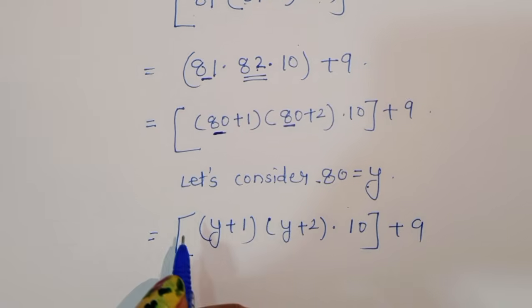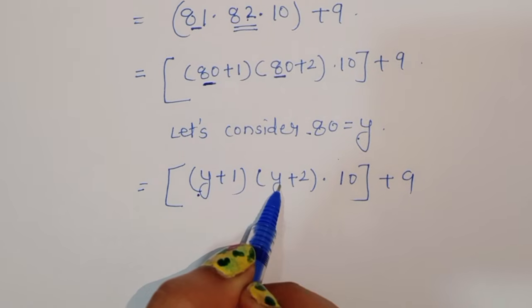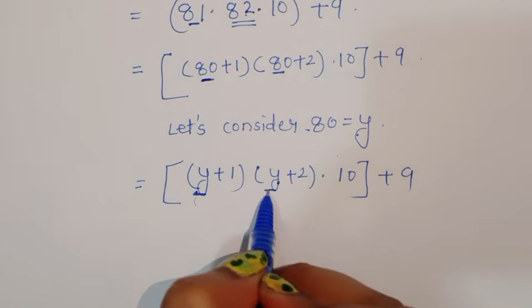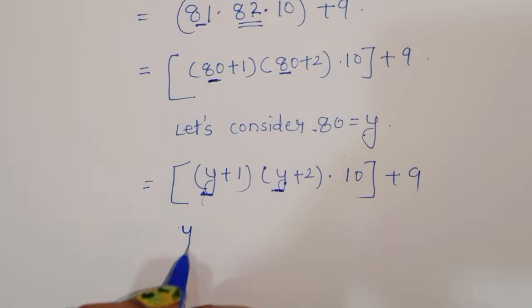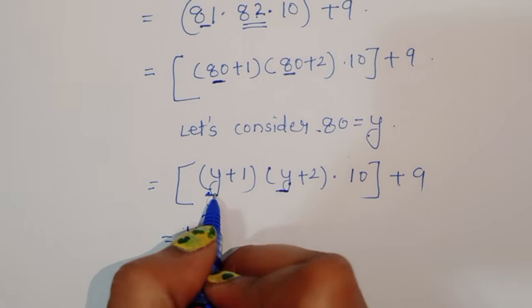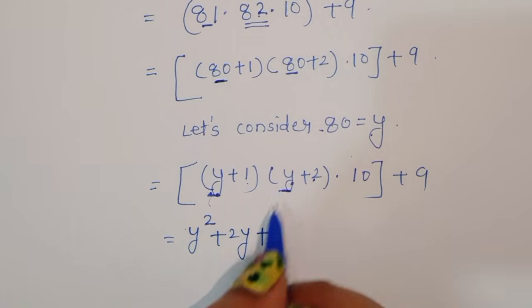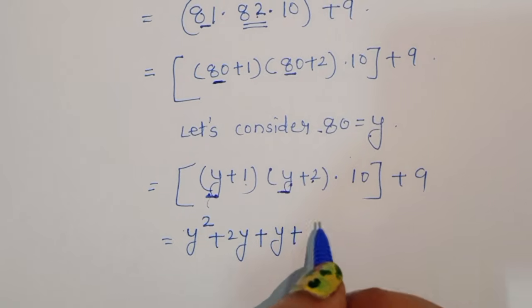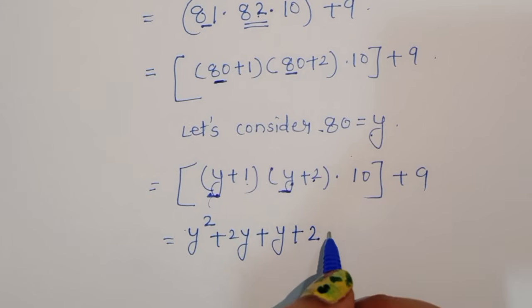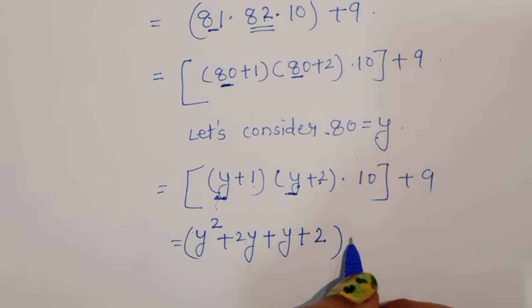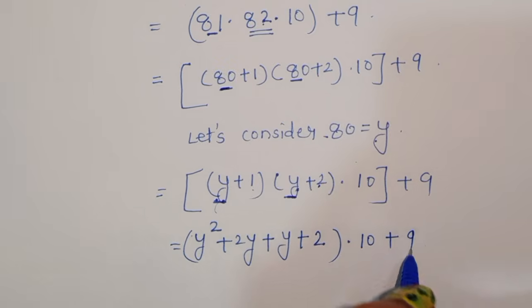Now y plus 1 times y plus 2: y multiplied by y gives y square, plus 2y, plus y, plus 2, times 10 plus 9.